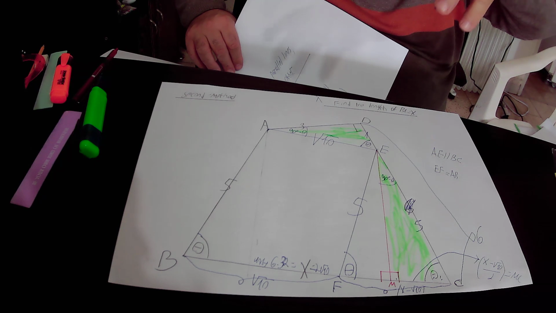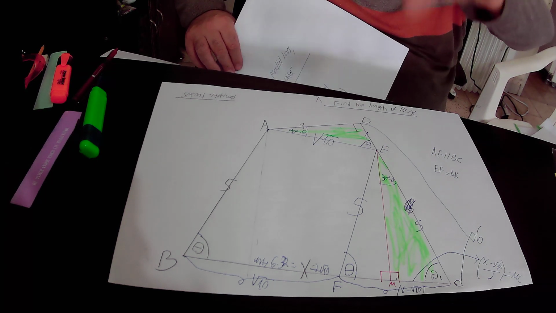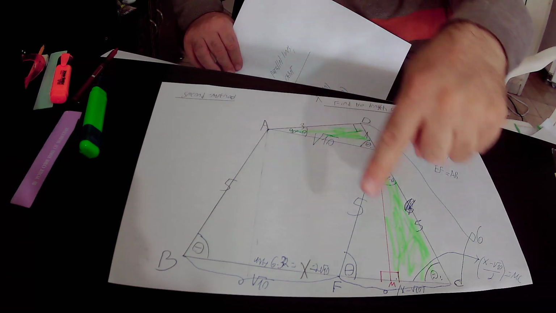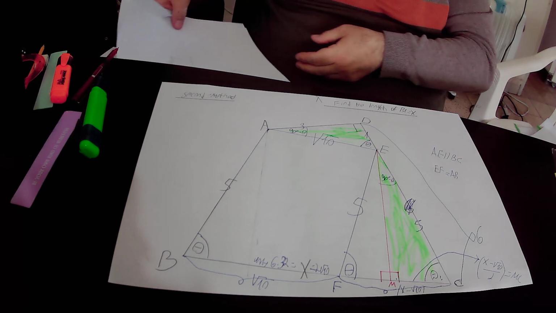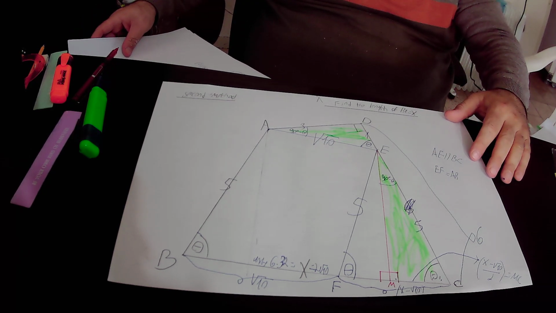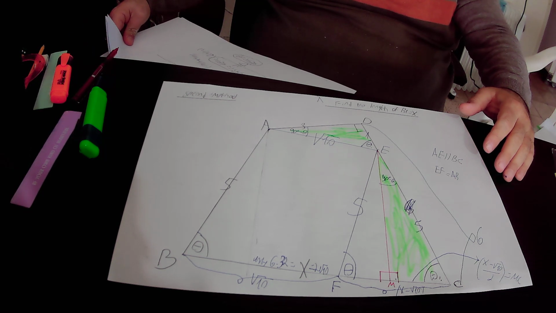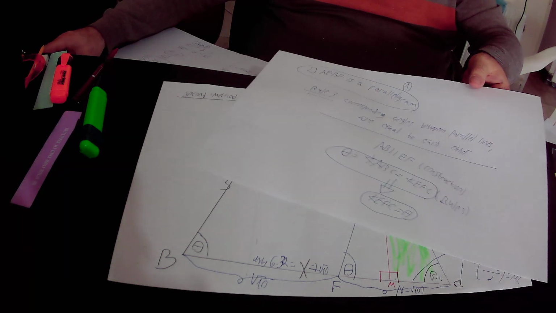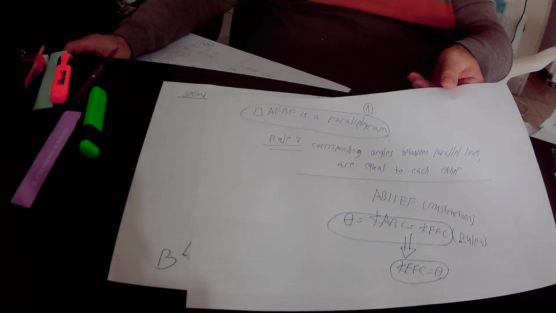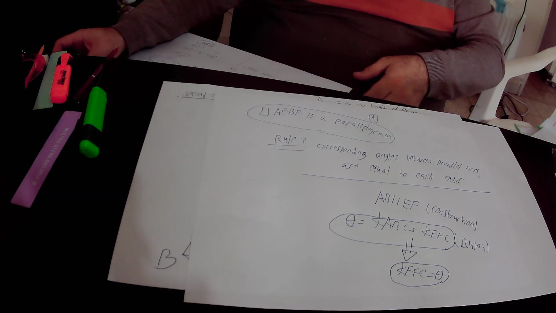Therefore, quadrilateral AEBF is a parallelogram. Okay? I'll repeat again. Quadrilateral AEBF is a parallelogram.